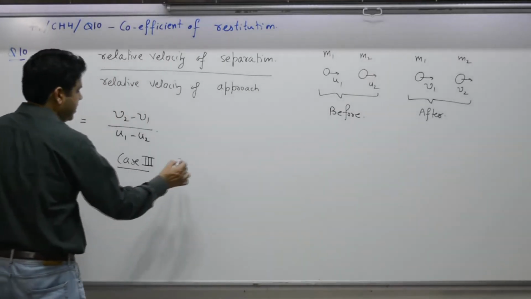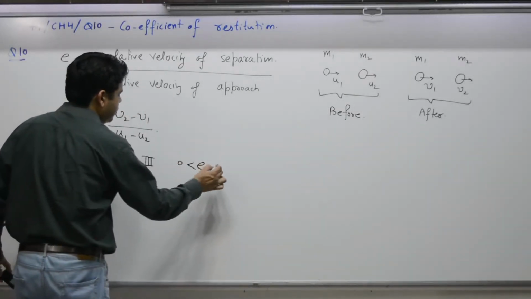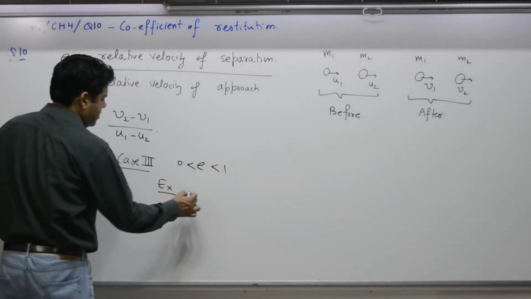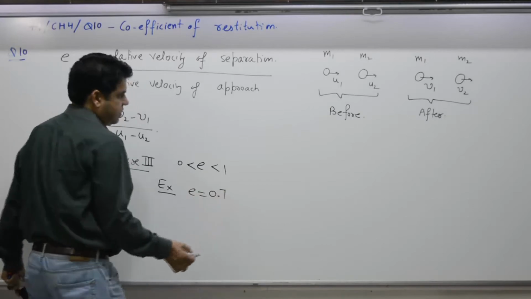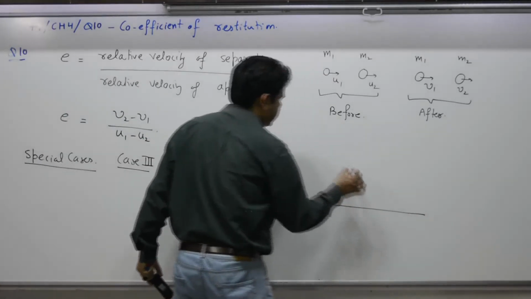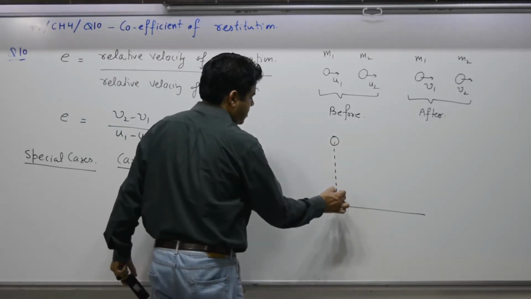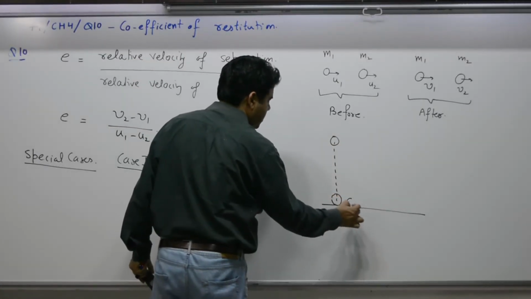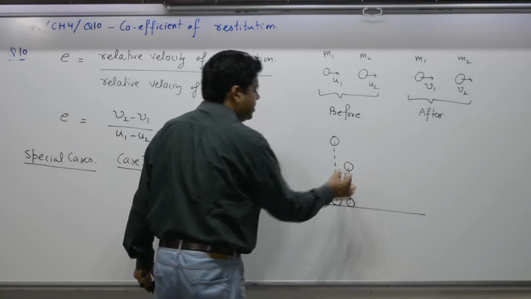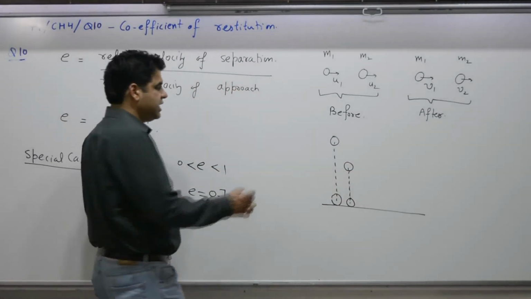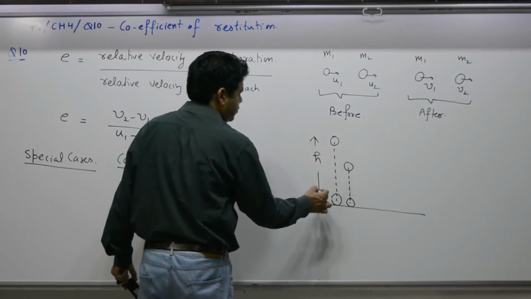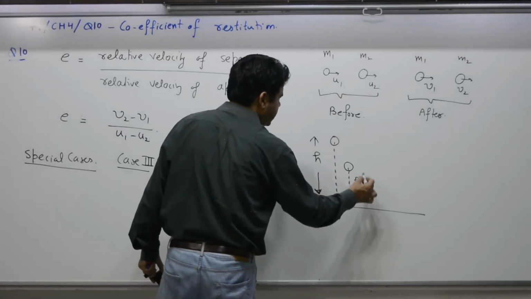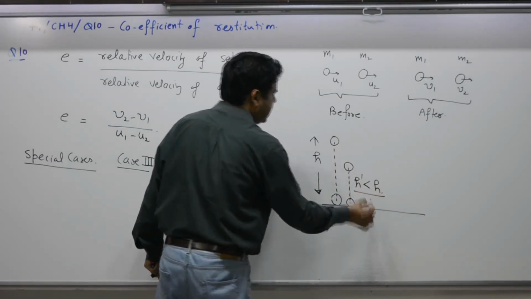Case number 3. E lies between 0 and 1. Example: say E is equal to 0.7. If you drop a ball, a practical case, say a cricket ball, it will hit the floor and bounce back, but not to the same height. This height is h, and the new height h dash is less than h.